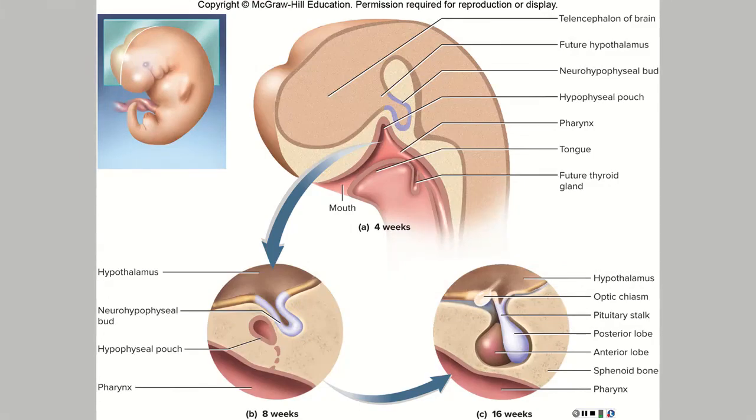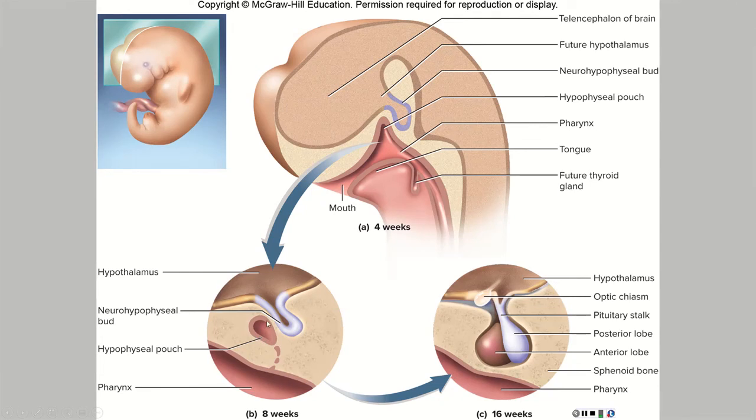This is on page 631 of your textbook, and this is the developing embryo, and up here this is the developing brain area. Right here is the developing hypothalamus and posterior pituitary. So this is neural tissue. And then also down here in the pharynx, we've got developing salivary glands, and a piece of that salivary gland actually breaks off and starts to go upward.